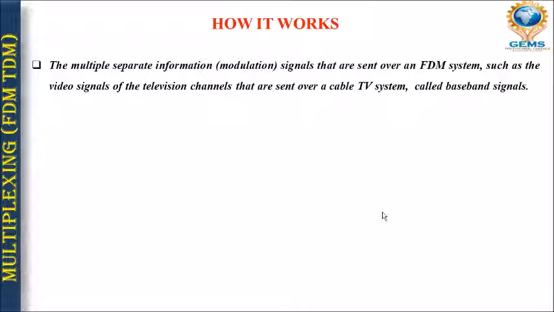Such as the video signals and the telephone channel being sent over the TV system. So the TV system acts as an FDM system, and that is why this type of message signal is also known as the baseband signal. The information signal, known as the baseband signal, is sent on an FDM system such as a TV system.